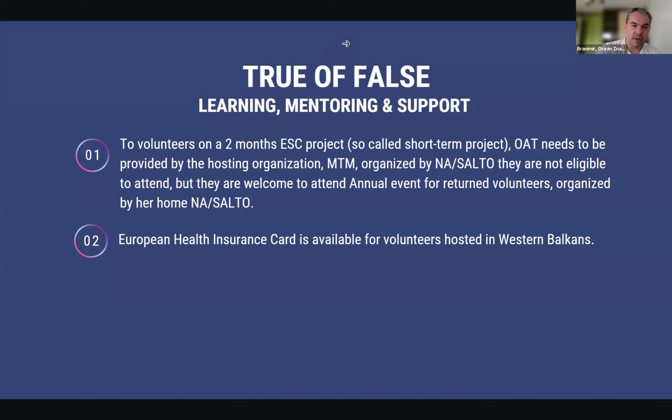So volunteers who come from these countries to volunteer abroad in Europe are not eligible to have the European Health Insurance Card, and it's crucial to know that Henner insurance is the one that covers them, the basic insurance.